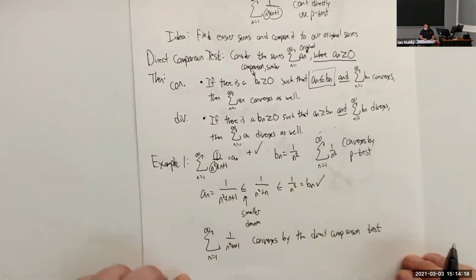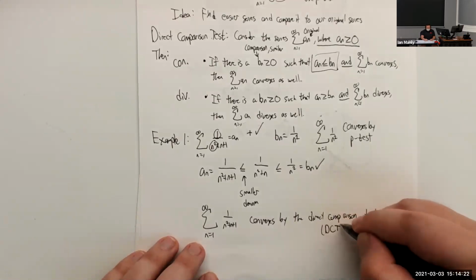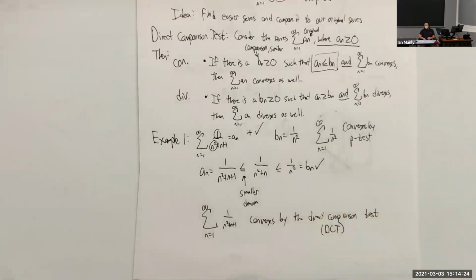Now, it kind of sucks to write out three or more words, so let's just call this DCT. If you ever say DCT or something like that, I'll know what you mean.